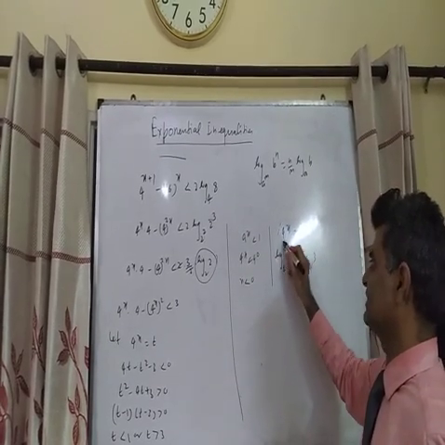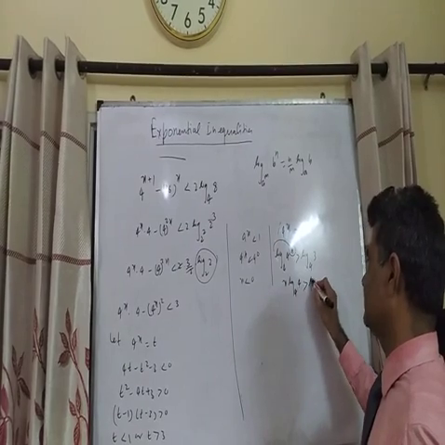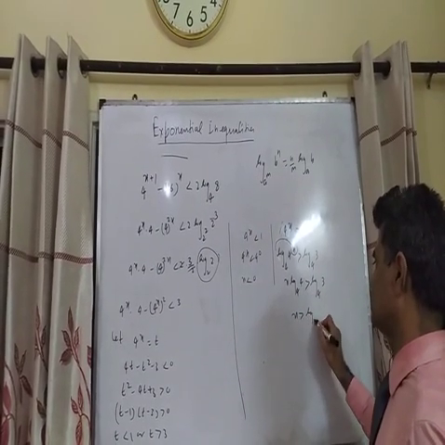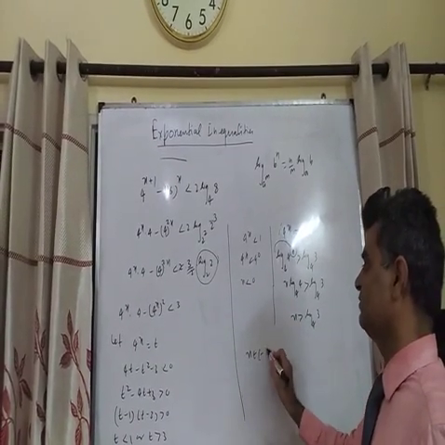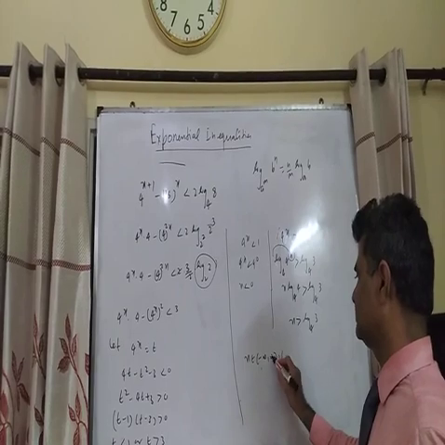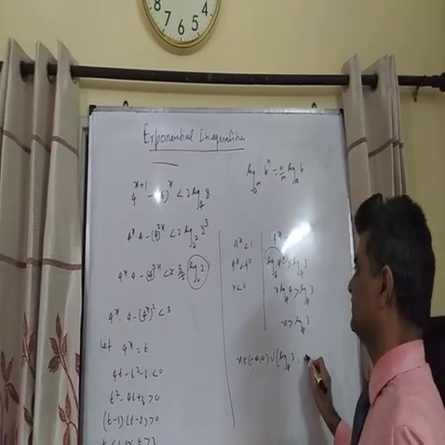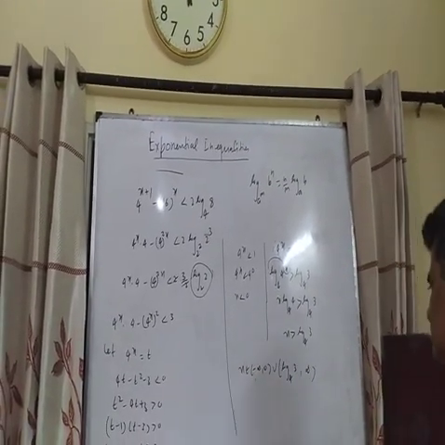So you can see that x will come this side. x log base 4 of 4, and it is greater than log base 4 of 3. So x is greater than log base 4 of 3. So these are the two. So x is from minus infinity to 0, union log base 4 of 3 to infinity. So these are the solutions of this question.